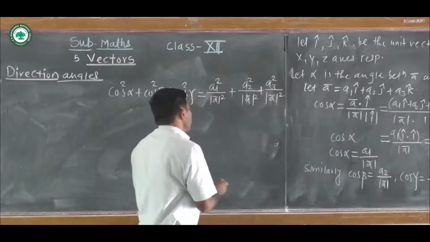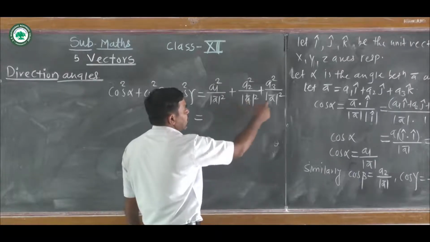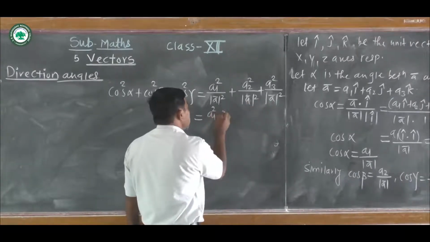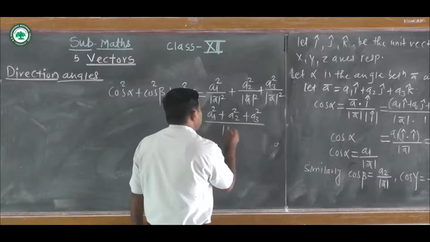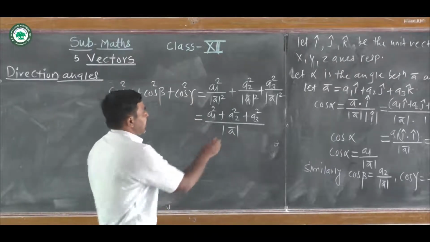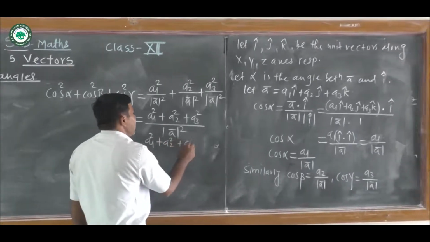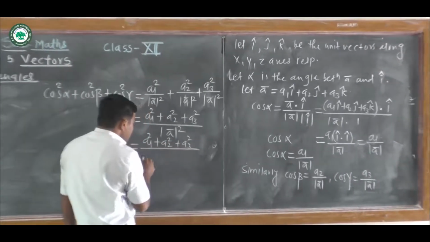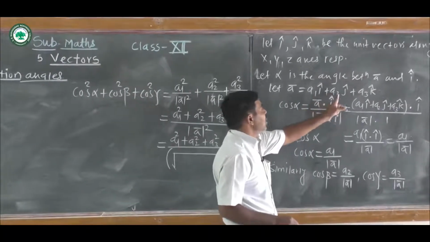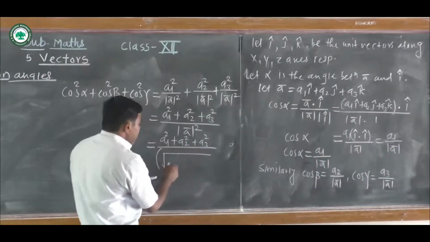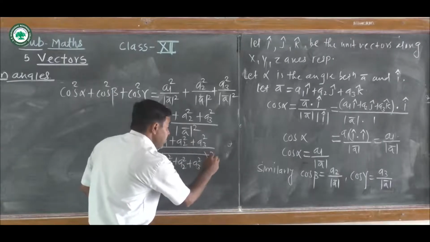Again it is equal to, see, denominator is same in each term, so it is a1 square plus a2 square plus a3 square divided by magnitude of vector a, bracket square. Again it is equal to a1 square plus a2 square plus a3 square divided by, see, we know that the magnitude of vector a, that is a1 I cap plus a2 j cap plus a3 k cap, is a1 square plus a2 square plus a3 square under root, and this bracket square.